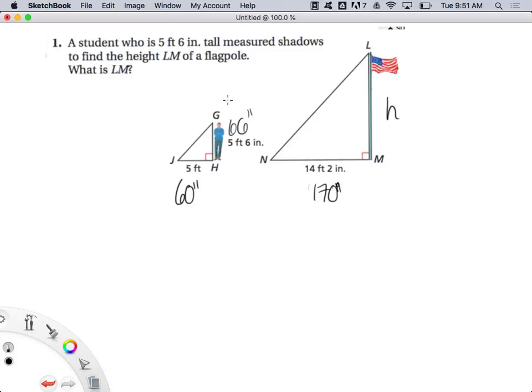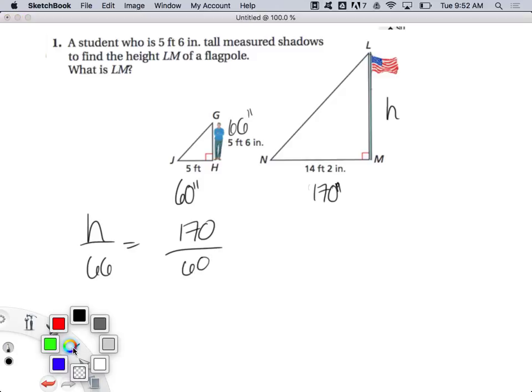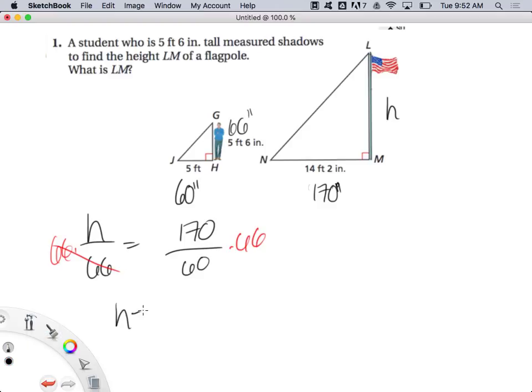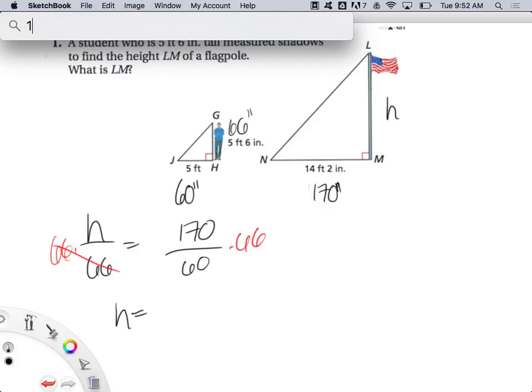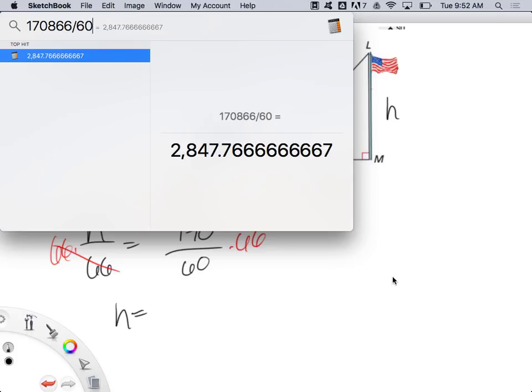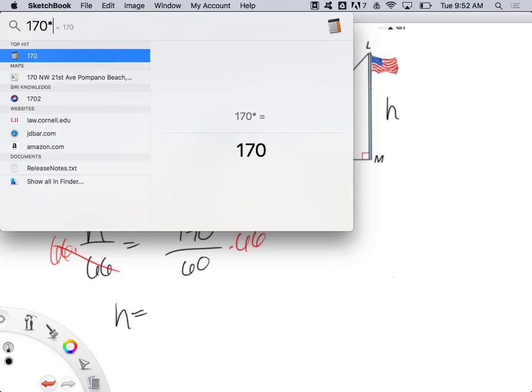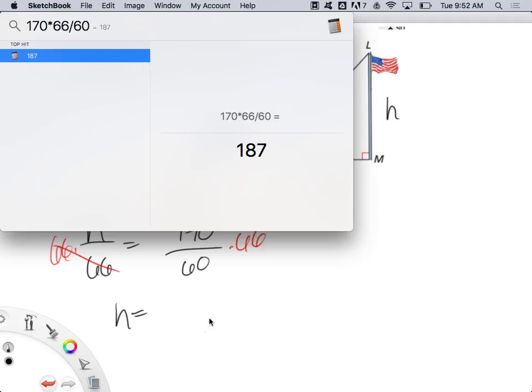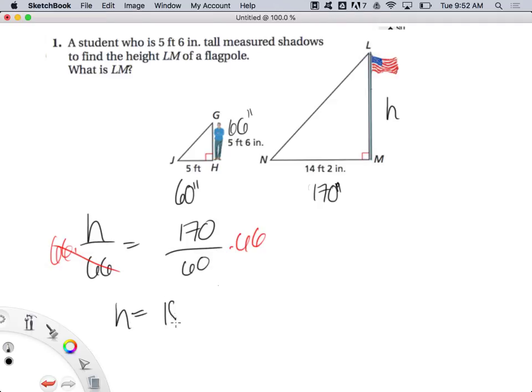Well, this over this equals this over this, so h over 66 equals 170 over 60. I multiply both sides by 66, and I get h equals 170 times 66 divided by 60, which is 187.